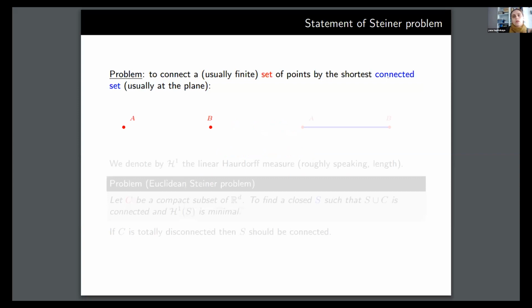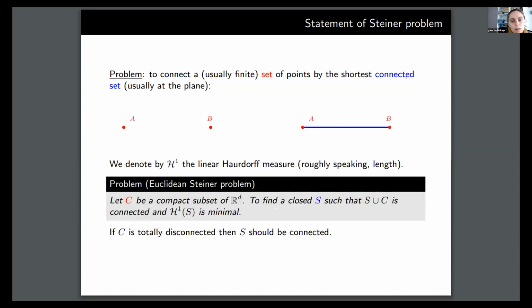I will talk about the Steiner tree problem. It is a problem of how to connect points by the shortest way. Usually we work in the plane and have a finite number of points. For example, if we have 2 points, the solution of the Steiner tree problem is just a segment.